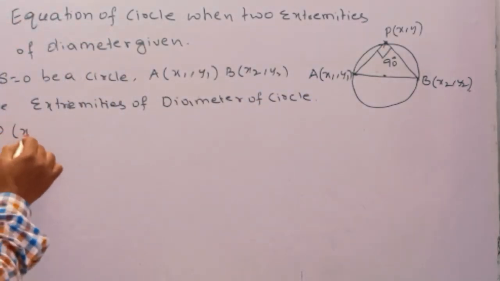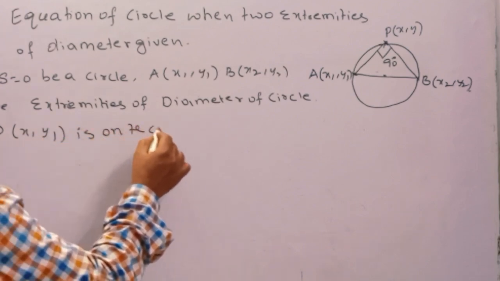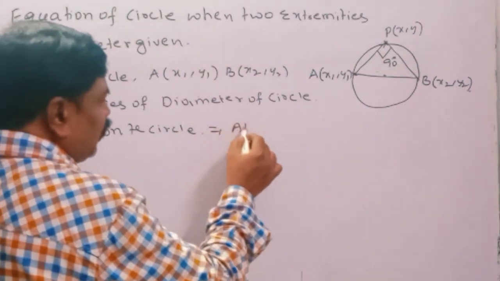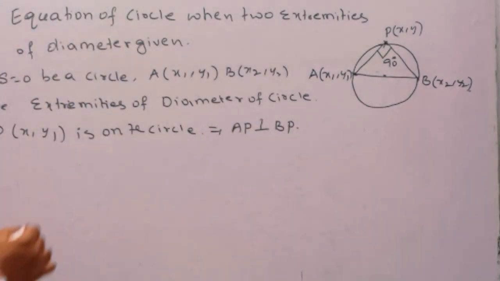P x comma y is on the circle, which implies AP is perpendicular to BP.